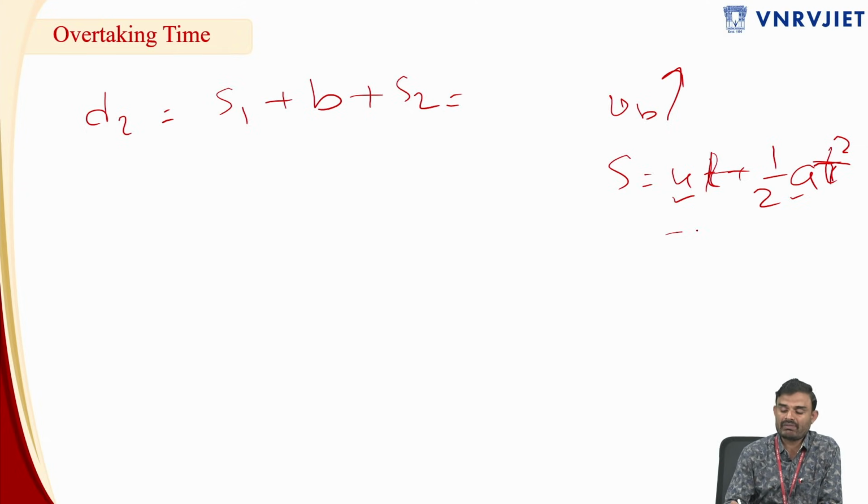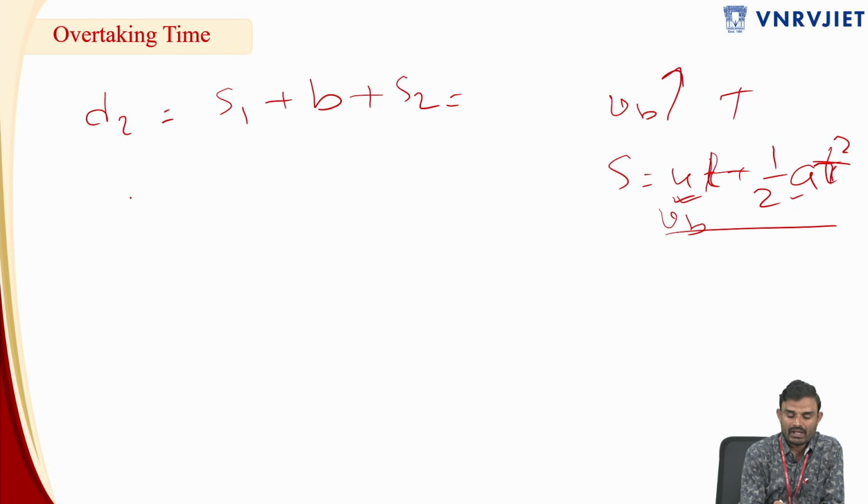We are going to write the equation for vehicle A, because vehicle A is traveling at a speed of VB, and it is going to accelerate with some acceleration A, and it will be traveling for some time t. That time is the overtaking time, which is capital T. So D2 is also equivalent to ut, which is VB, the speed of vehicle A, equivalent to the speed of vehicle B just before overtaking.